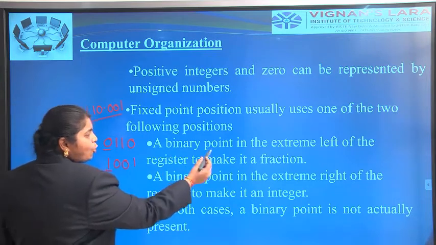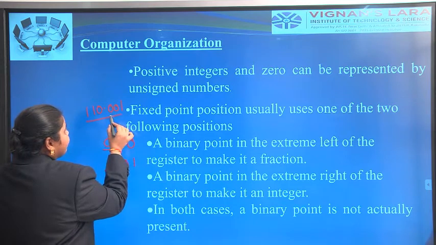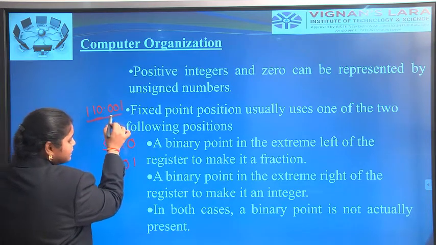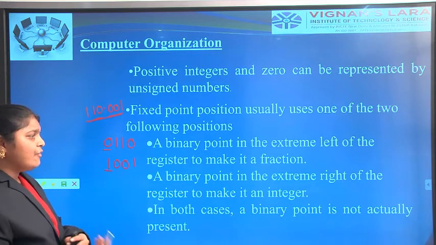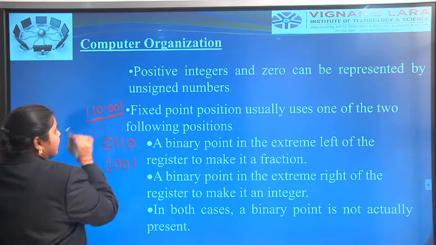A binary point at the extreme left of the register makes it a fraction. Left is a fraction and right is an integer.